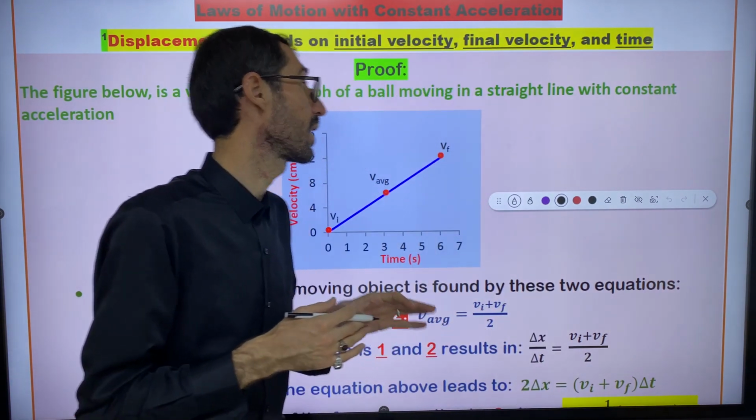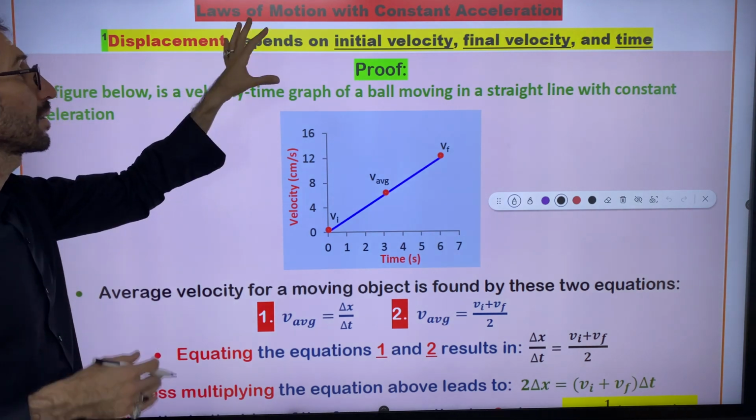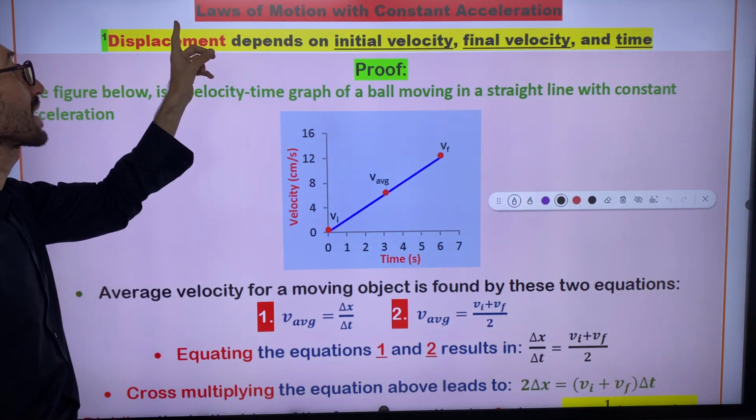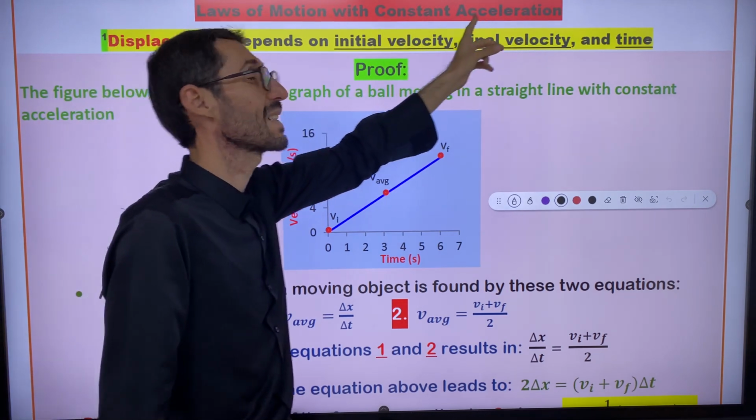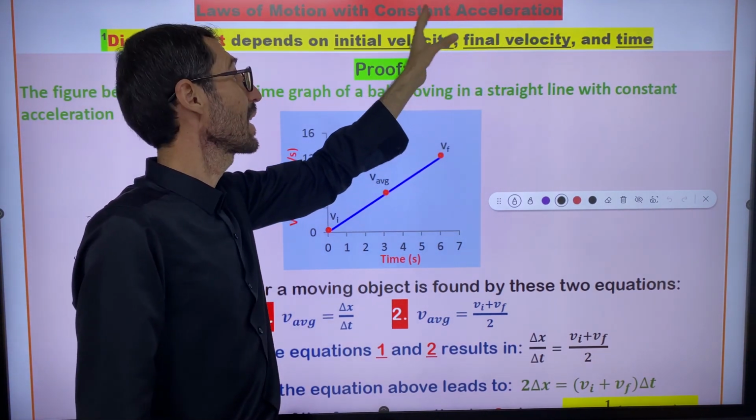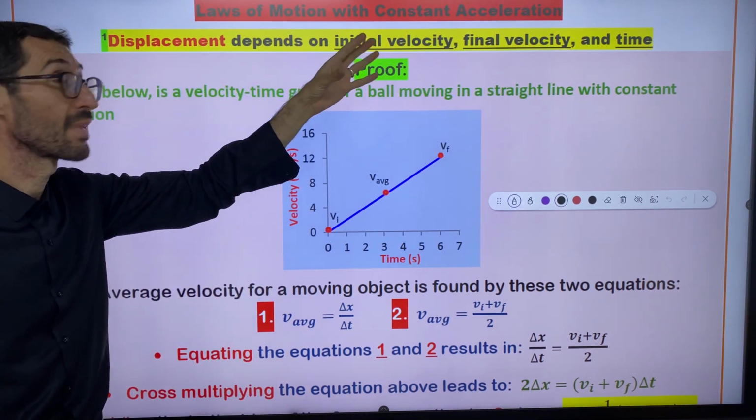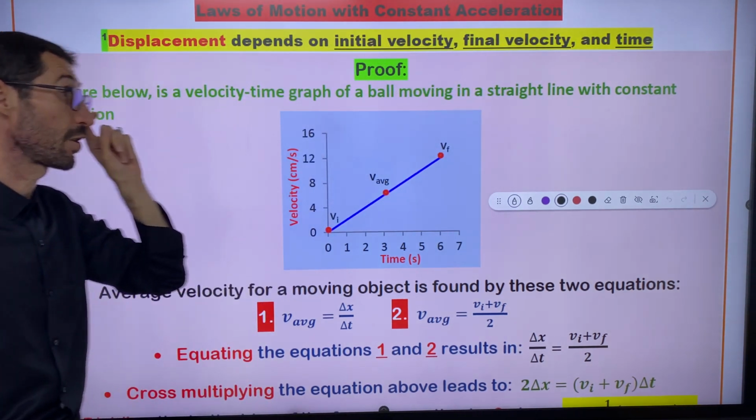Let's move on to the first one. The title of our subject is laws of motion with constant acceleration, or you can say uniform acceleration instead of constant acceleration.